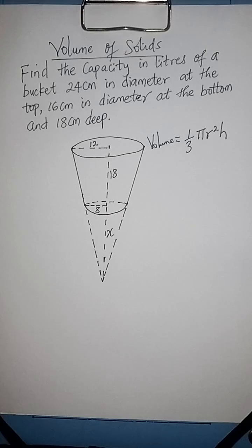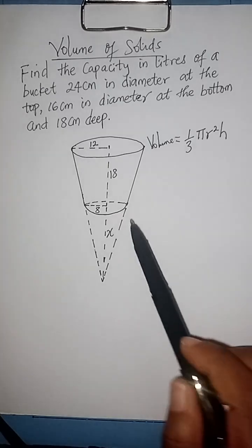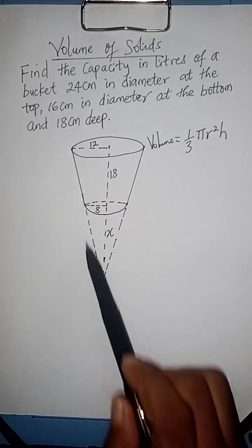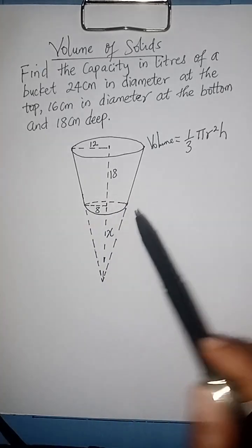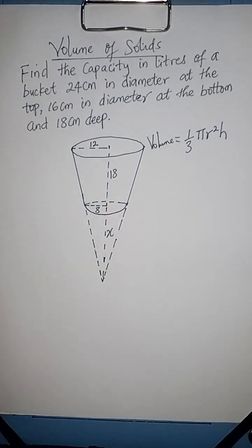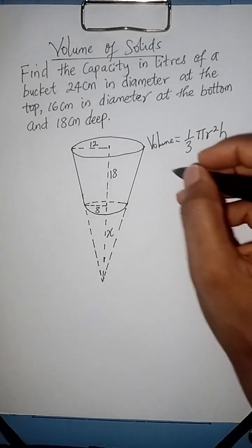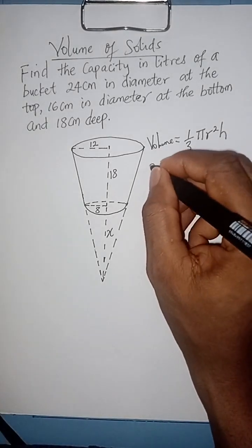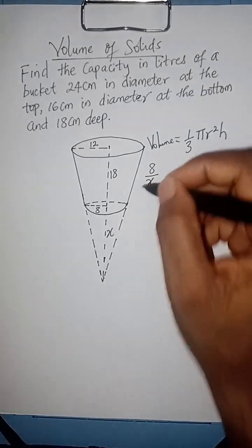So what do we do? We use the principle of similar triangles. If you remember the principle of similar triangles, I'm going to apply it here. Like I said, there are two cones here. This is the smaller cone, and this is the bigger cone. Because they are similar, I'm going to express it this way. 8 divided by x.